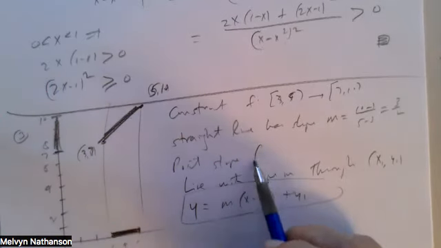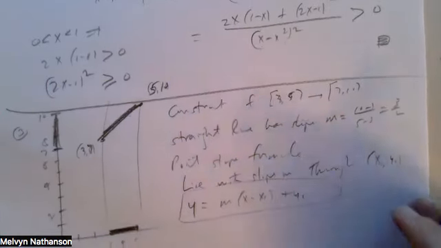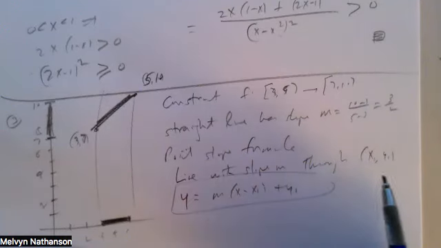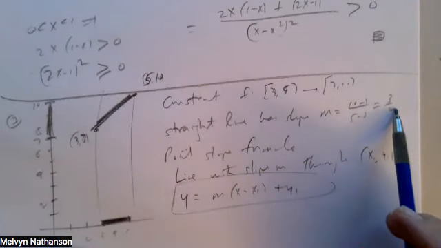So that's the point slope formula, which you use in calculus all the time. And we know m is equal to 3/2.